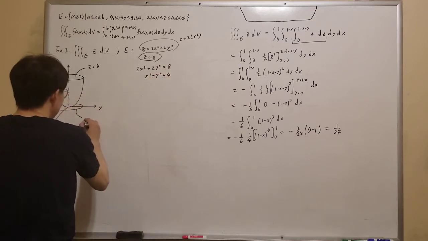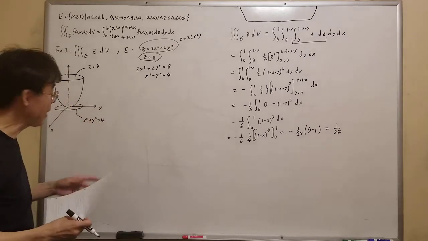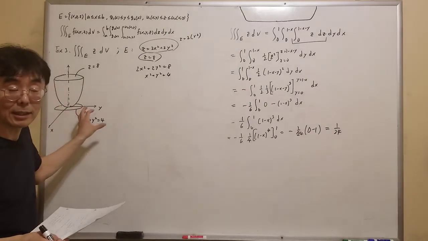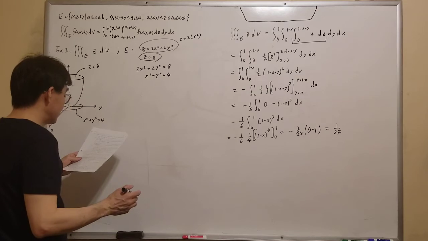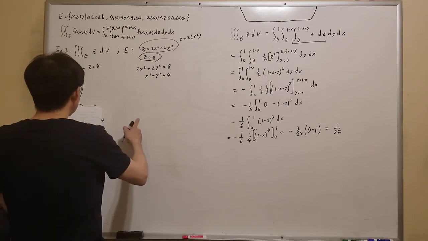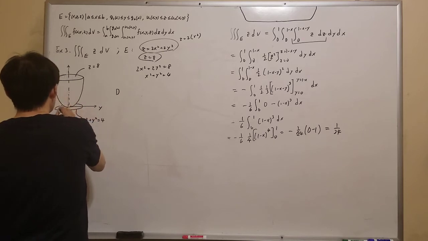So this is a circle with radius 2, right? In the xy plane. So your D is this, okay? This is your D. Projection onto the xy plane.